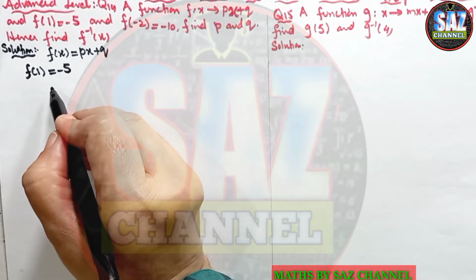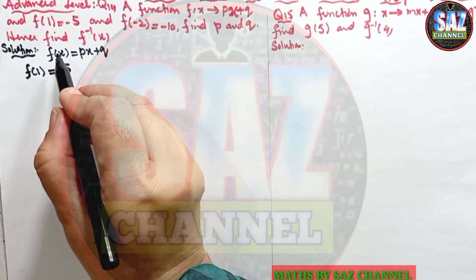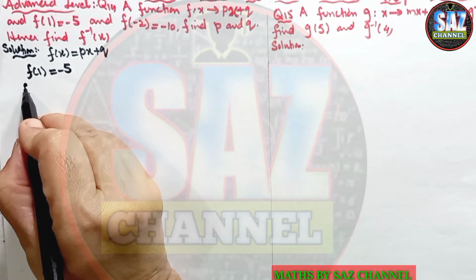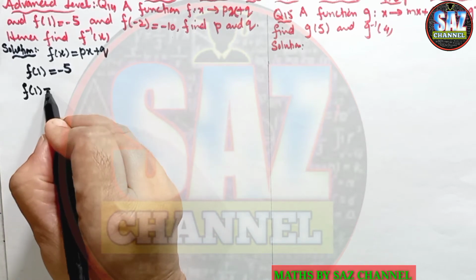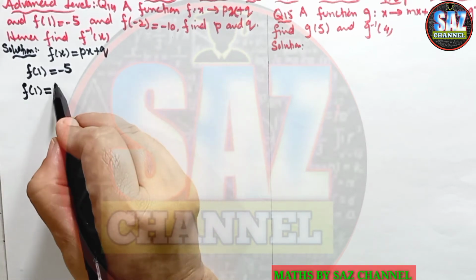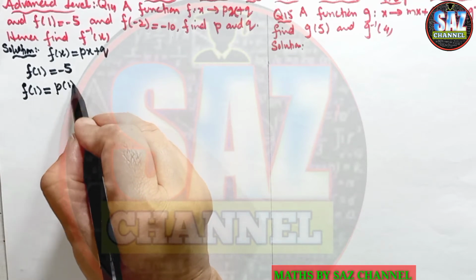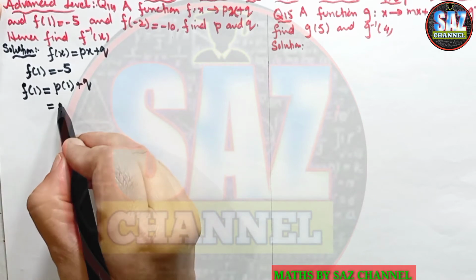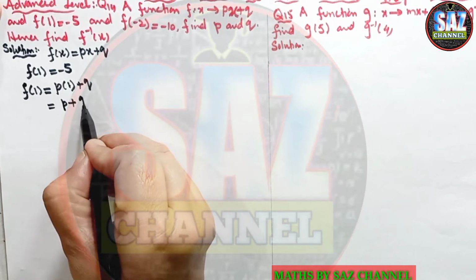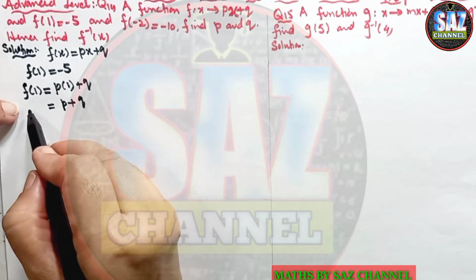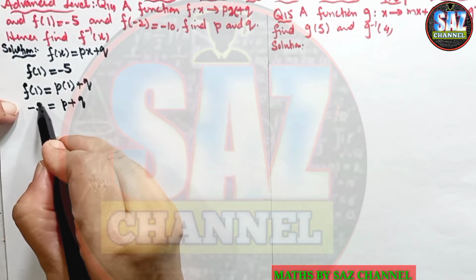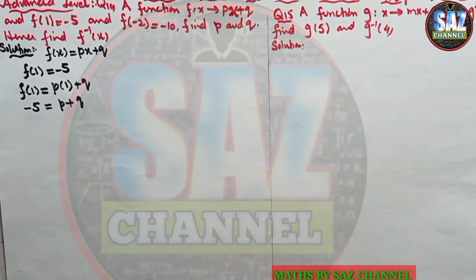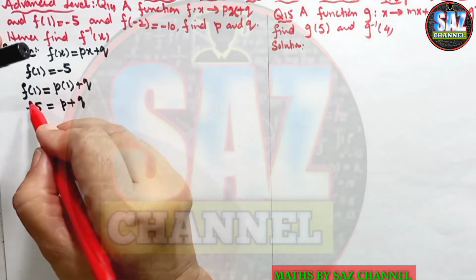It means the input of this function is 1, so the function will take the form f of 1 equals, instead of the variable x, I replace 1, p times 1 plus q, that is p plus q, and f of 1 has the answer minus 5. So this is the first equation that I'm getting.